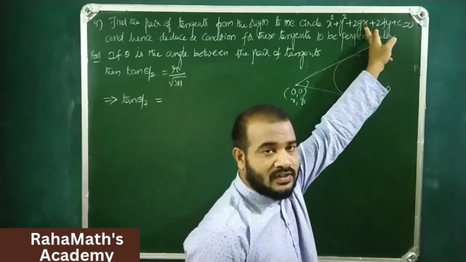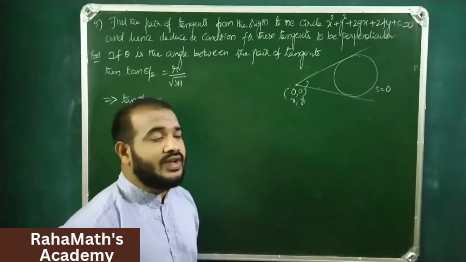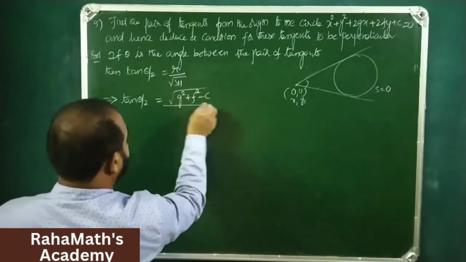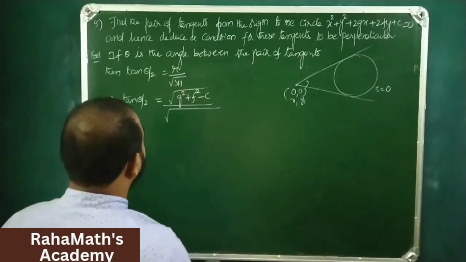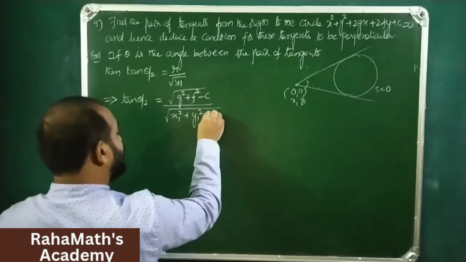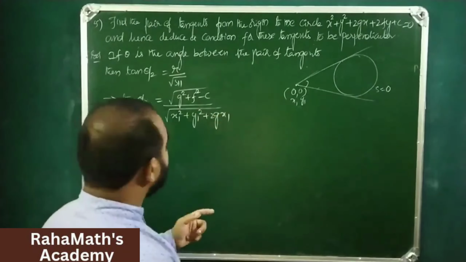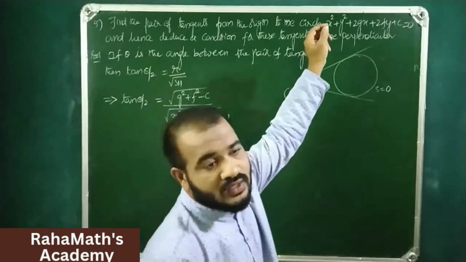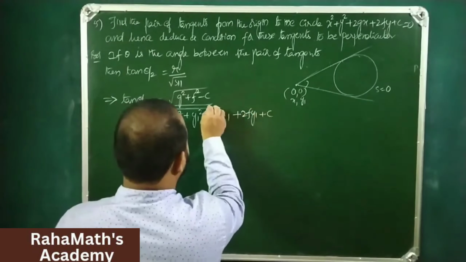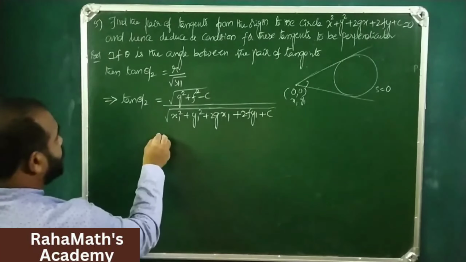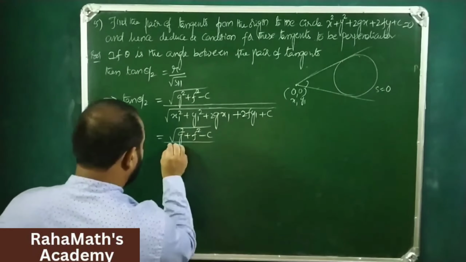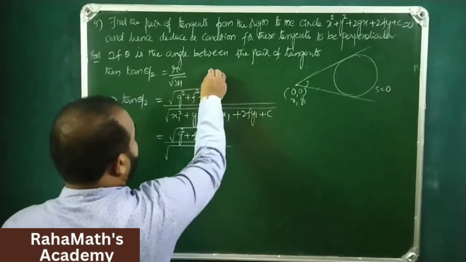If this is the general equation, what is the radius of that? Square root of g square plus f square minus c, by square root of what is S11? x1 square plus y1 square plus 2g x1 plus 2f y1 plus c. Simply substitute the point (x1, y1) in the given general equation of the circle. So that is g square plus f square minus c by square root of, here P(x1, y1) is equal to how much?